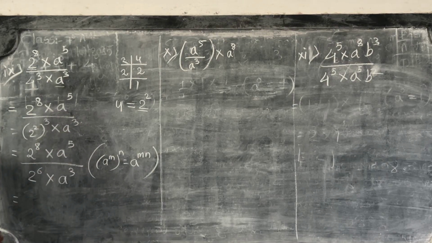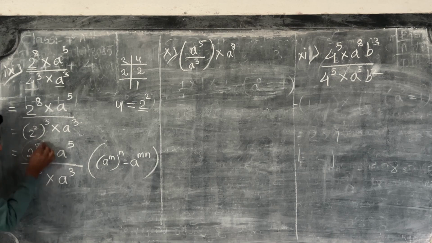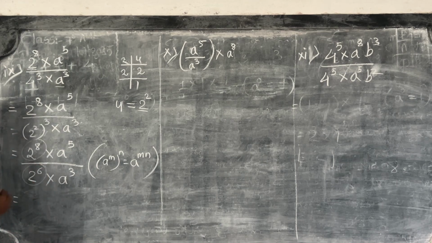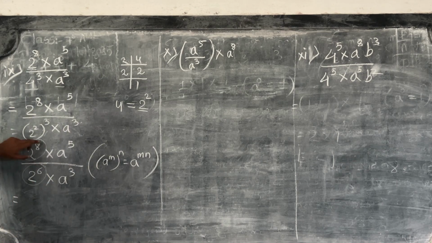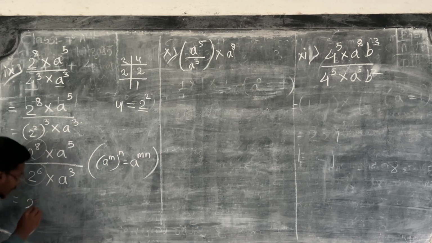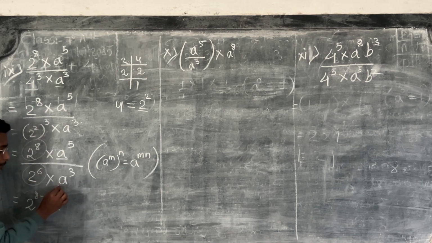So you can see in numerator 2 to the power 8 divided by 2 to the power 6. This is in the form of a to the power m divided by a to the power n. So you have to apply second identity here. According to that identity, you have to subtract the power, that is 8 minus 6. Again you can see base is same, power is different and both are in division.